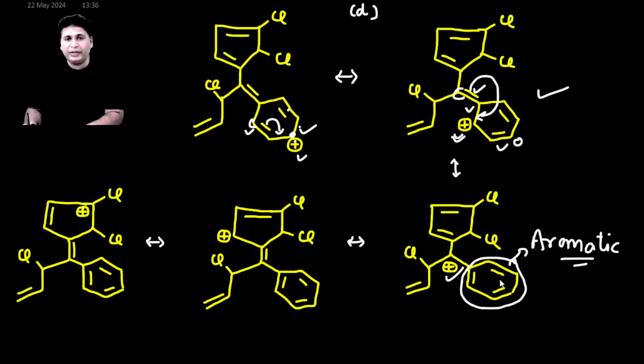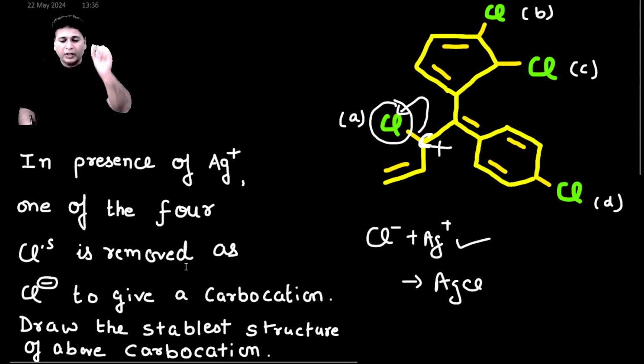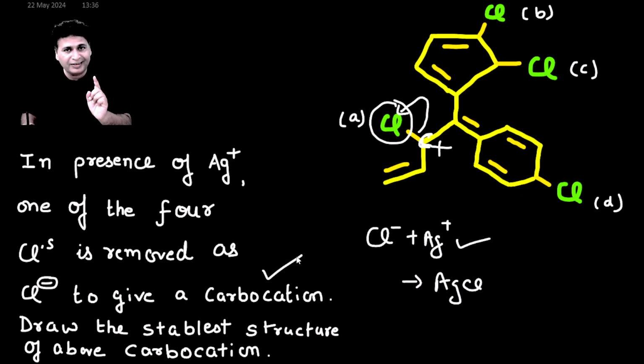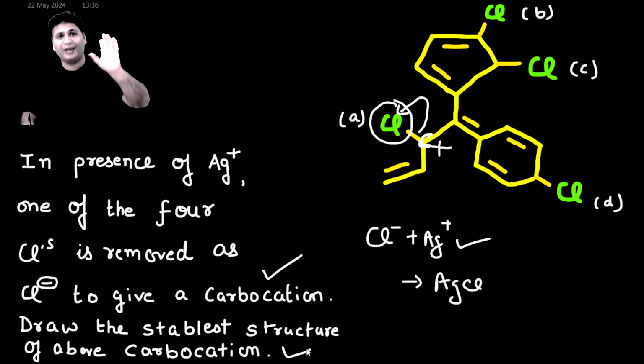Now let us revisit the question, students. In the question, first of all you had to tell which out of the 4 Cl atoms is going to get removed, and then after removing it you will get a carbocation. You have to draw the stablest structure of that carbocation.